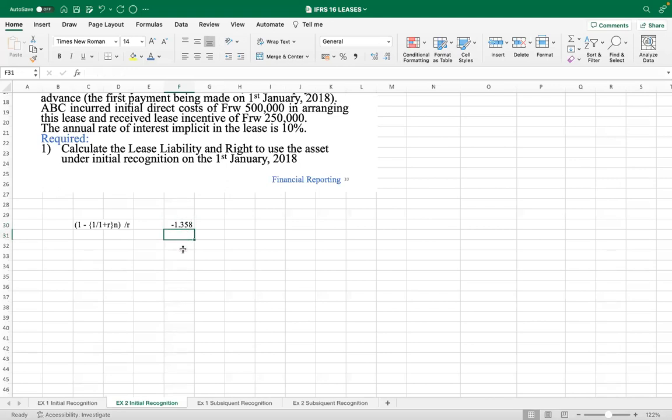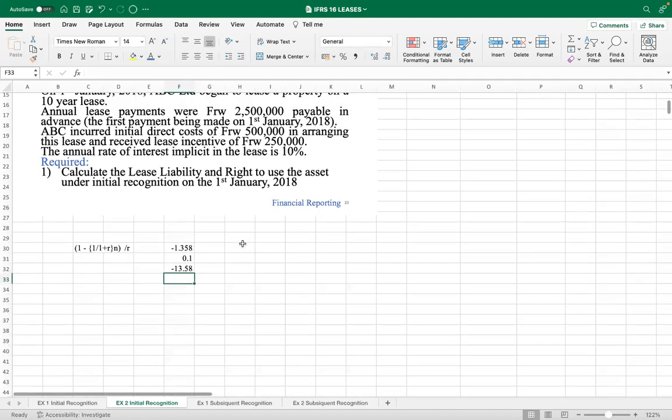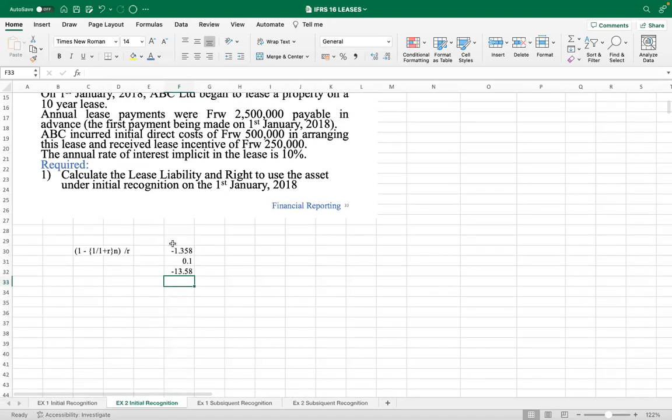Everything divided by 0.1. If we divide everything by 0.1, it gives you, I have a feeling there is something which is not right. I should expect a figure less than that. Let me try doing it manually in a calculator.